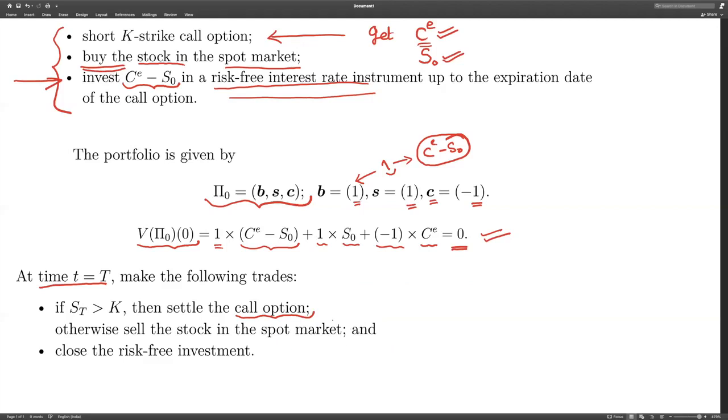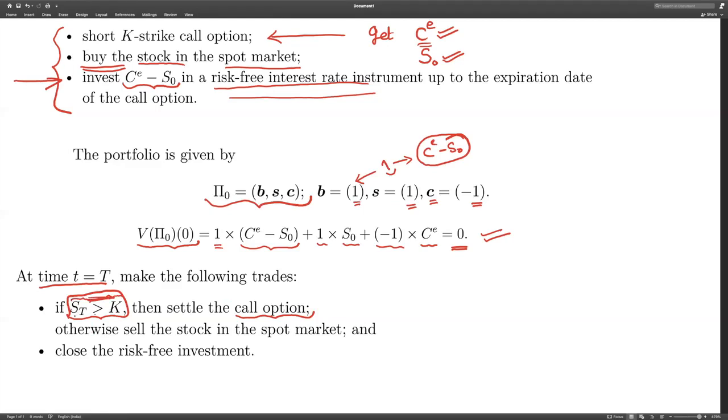And now, when does the counterpart exercise this option? When the spot price is greater than the strike price, then it is profitable for your counterpart to exercise this option, because that person can buy from you for K and sell it in the spot market at ST and make a profit out of it. Therefore, they will surely come to exercise it.